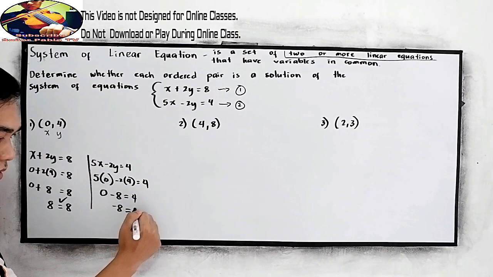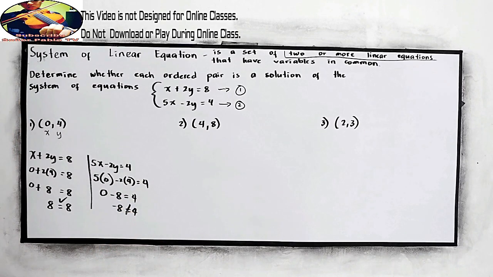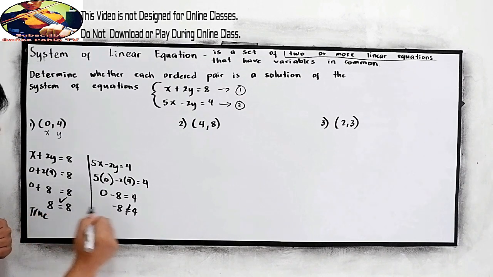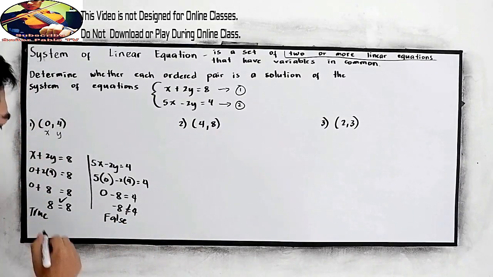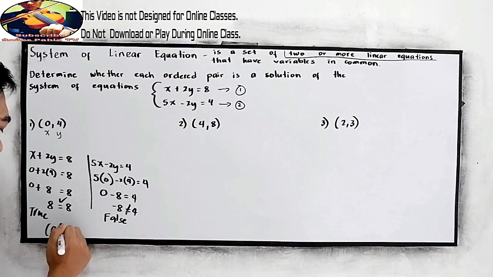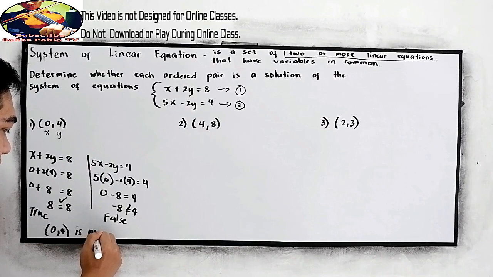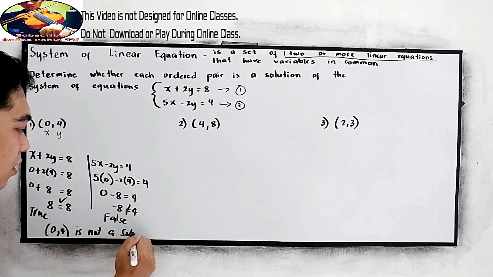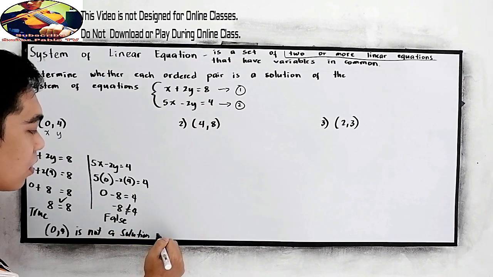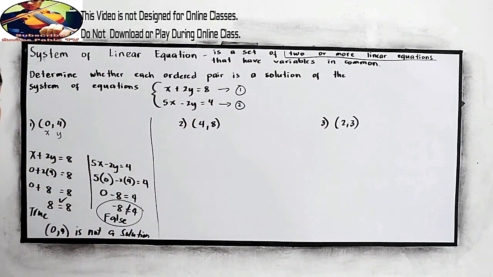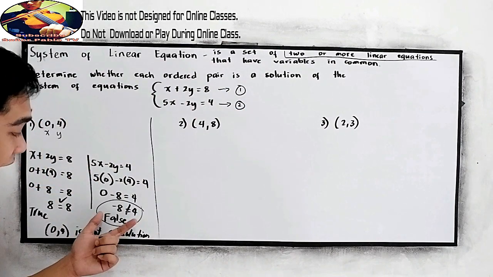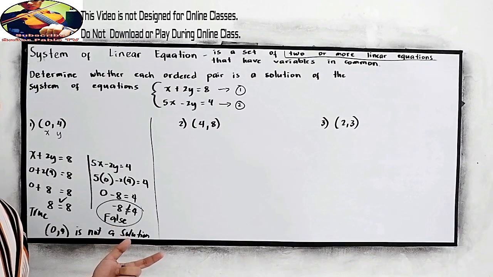Negative 8 is not equal to 4. So this one is true, while the other one is false. So that means (0, 4) is not a solution of the system of equations. Why? Because it gives us a false answer in our equation number 2.